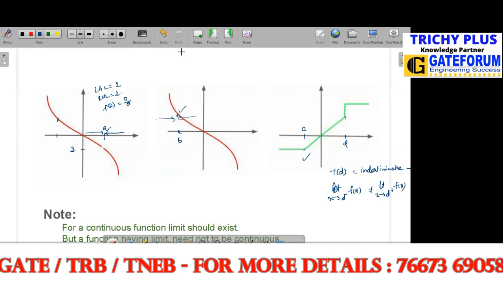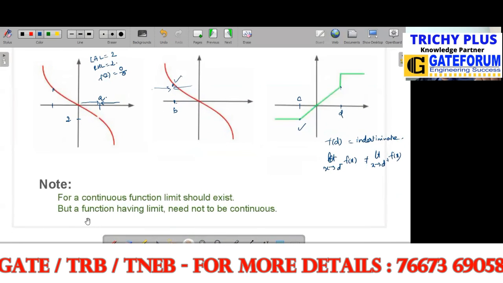Yes, sir, the limit exists, but it is not continuous, correct? That's the statement given here. For a continuous function, the limit should exist, but a function having a limit need not be continuous. Is it clear for everyone? Yes, sir.